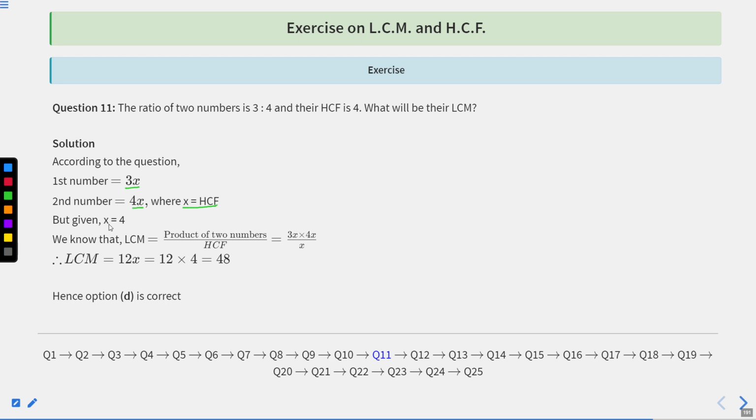But given is x equal to 4. We know that LCM is equal to product of two numbers upon HCF. So it will be 3x into 4x upon x. So LCM is going to be 12x, that is 12 into 4, which is 48. So the correct option here will be option number D.